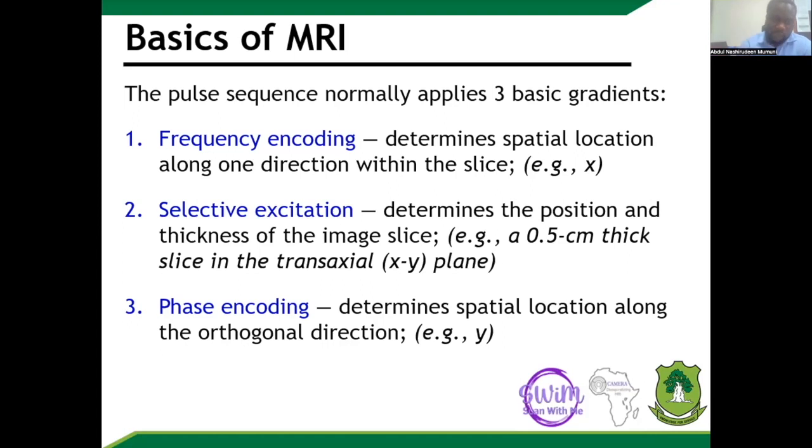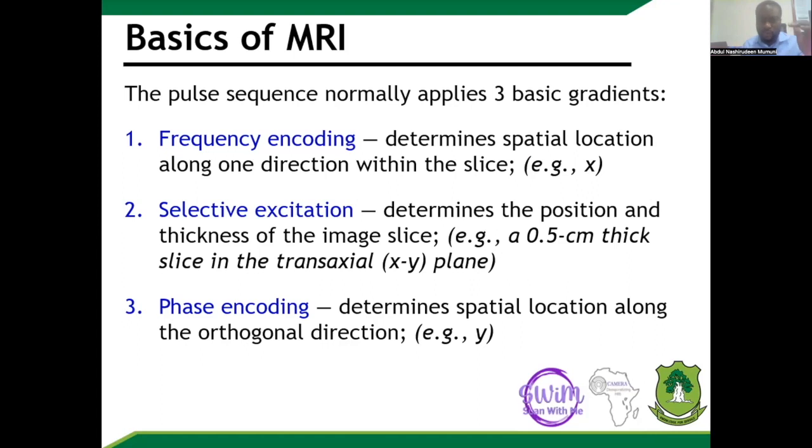Then the next one is phase encoding, which is a building block of slabs, or if you like, call it slices, like you are slicing the heart into smaller pieces and putting them on each other. So the number of slices that you can put together to create the entire image is what is defined through the phase encoding gradient. So the more slices you have in an image, the better the image quality. So phase encoding defines the number of slabs that are used to create the image.